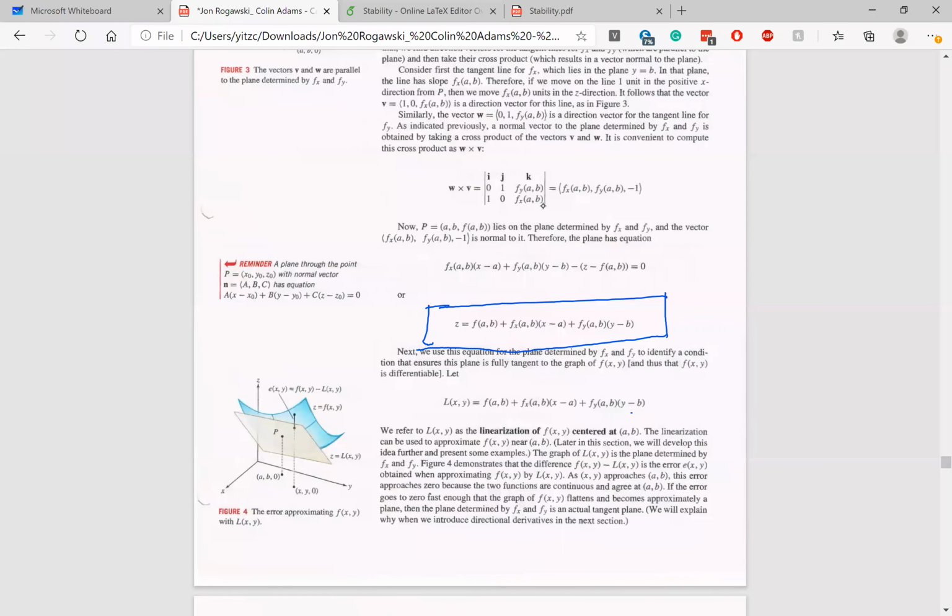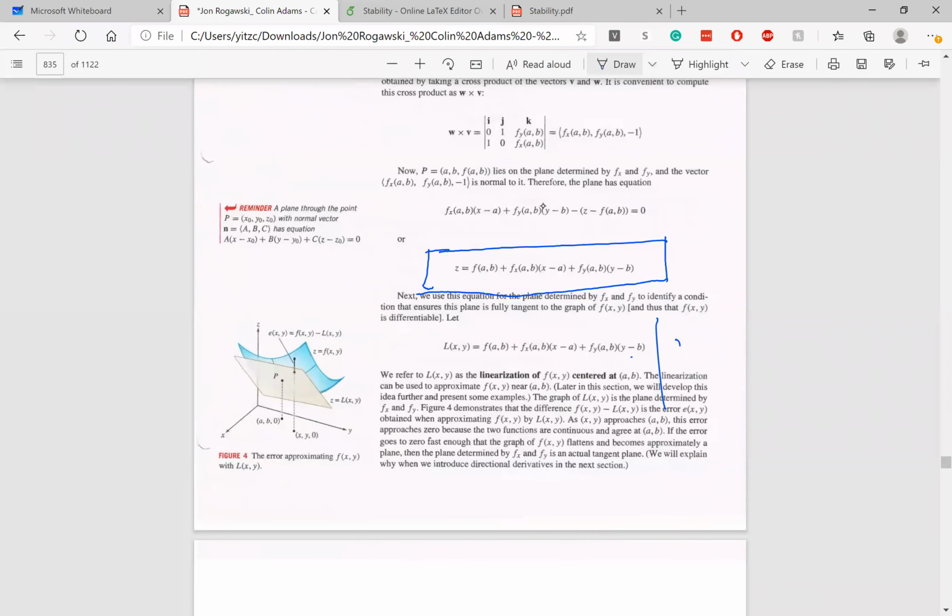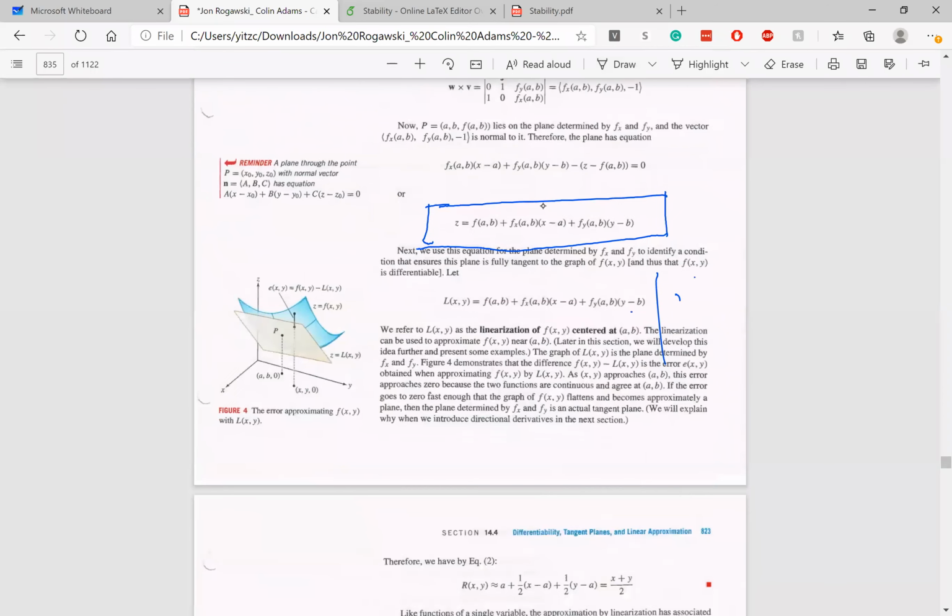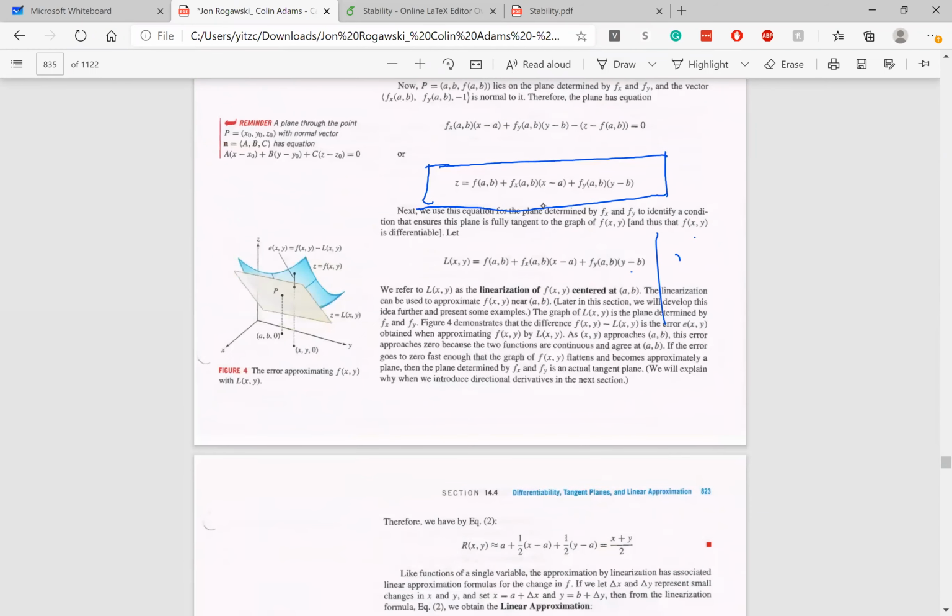Like I said, we can then use this to find a linear approximation of the surface, which would just be this plane. The linearization would be the equation of the plane at that point, and that would linearize f of x at (a, b). And as they say, the linearization can be used to approximate f of x near (a, b), which for us again is x0, y0.